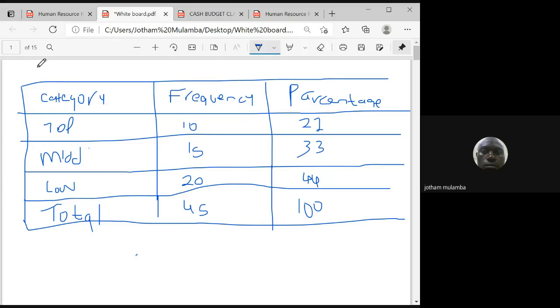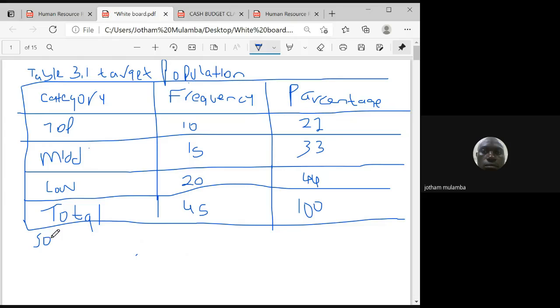Okay, at the top, we write here Table 3.1 Target population. Then below this table, we write source.